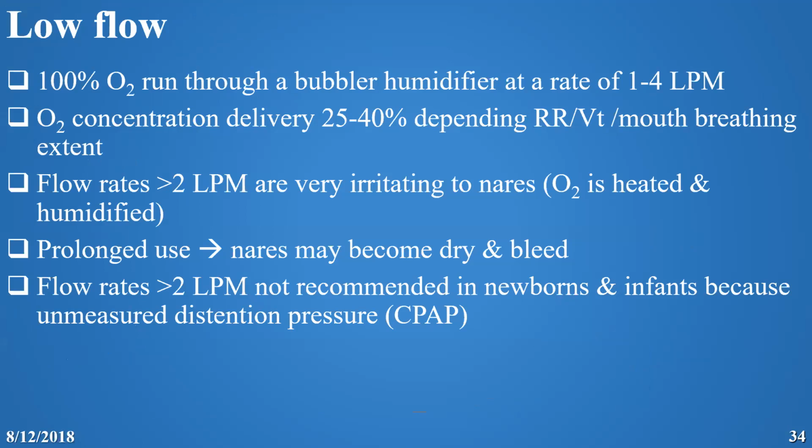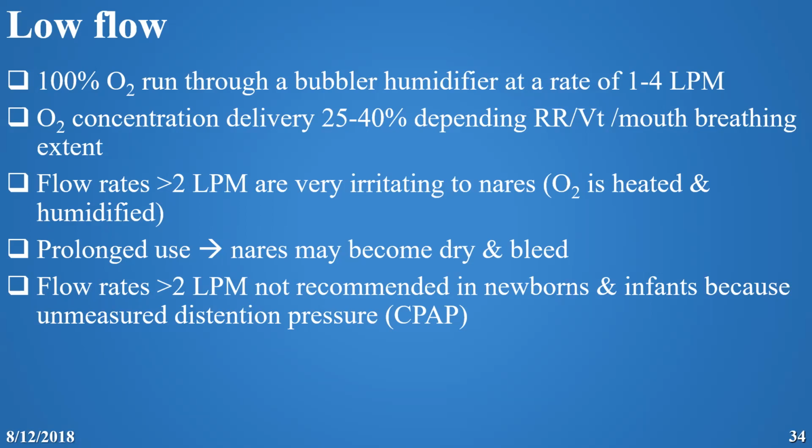On low flow, when the flow is, let's say, 0.9 to 4, some people say to 2. And remember, when we use low flow or microflow or normal flow, whatever name you're using, we set 100% FiO2.